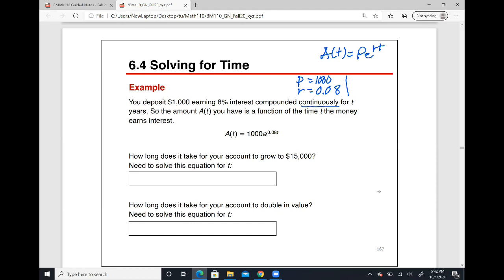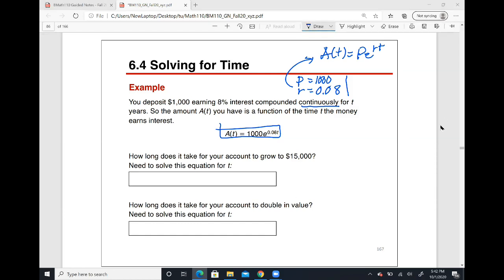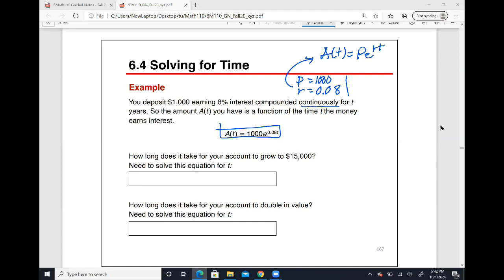So then you're going to apply all this information into the formula here to get this function. That is the reason why we have A(t) equal to 1,000 times e to the power 0.08t.